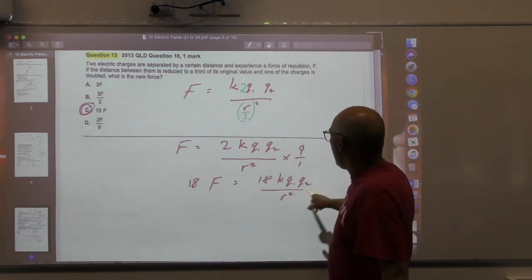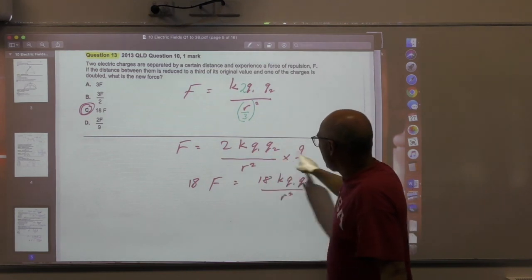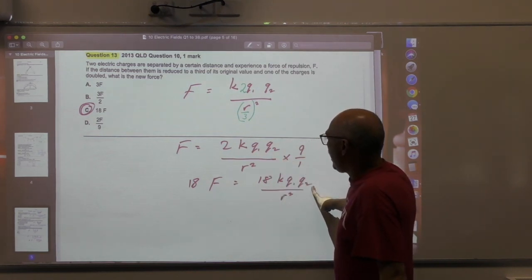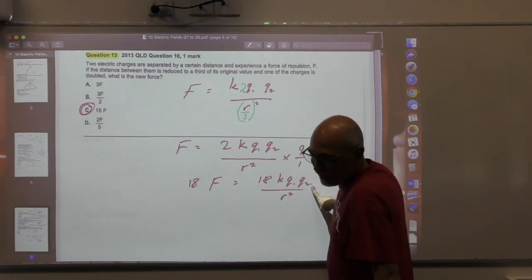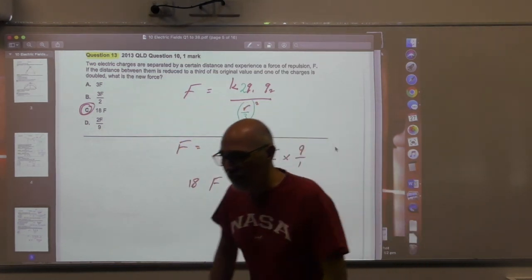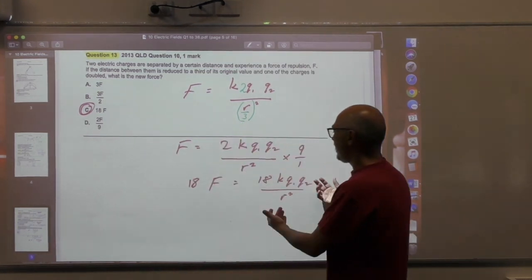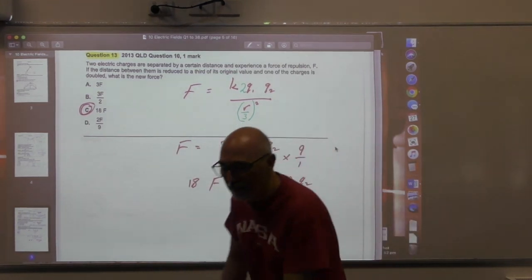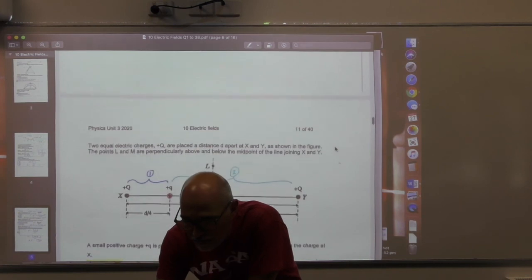So you can see here, 2 times 9 is 18, so the force goes up by 18 times. So 18F is the correct answer. I only included it because it's got a lot of fraction stuff in it, which I know sometimes people struggle with.